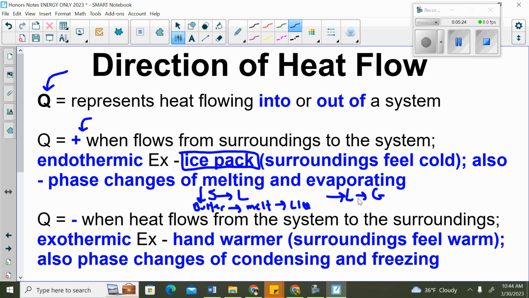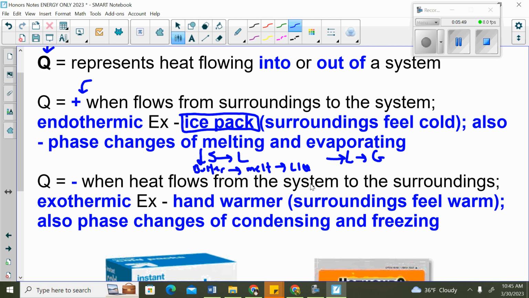So you just have to understand it's the direction of that energy or heat flow. So these are endothermic phase changes. They don't necessarily feel cold, right? This is a reaction that happened to feel cold, but this is a phase change, not necessarily feeling cold, but how did that change actually occur? Energy had to go into the system.